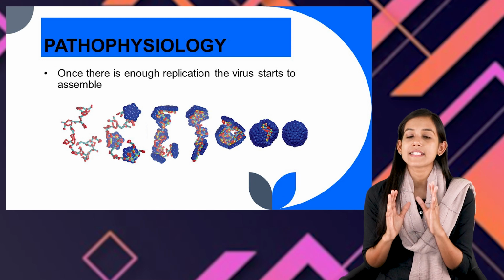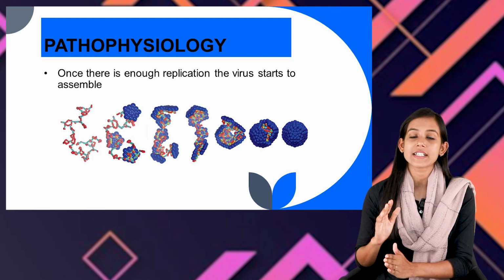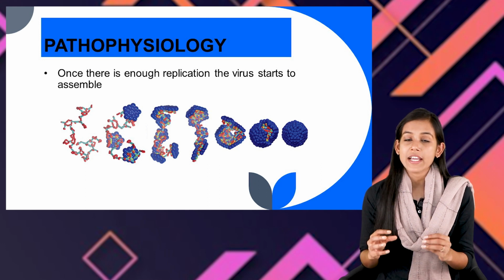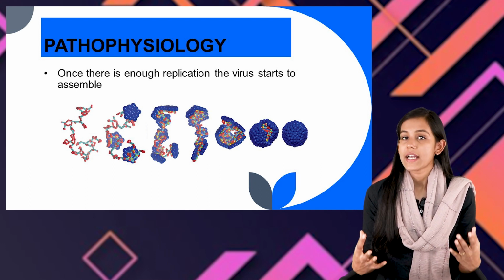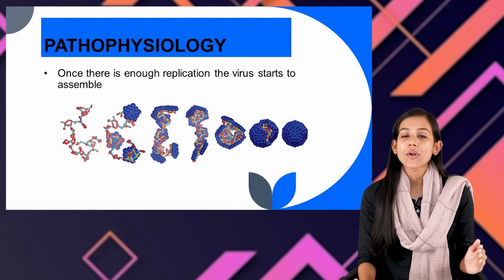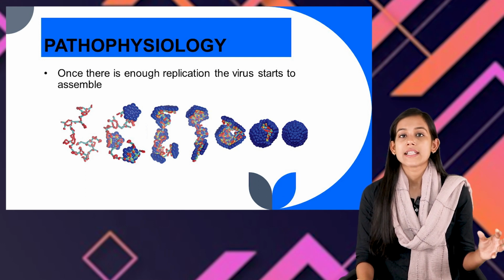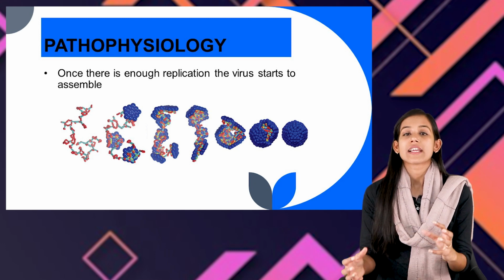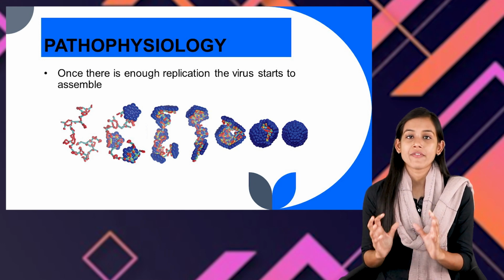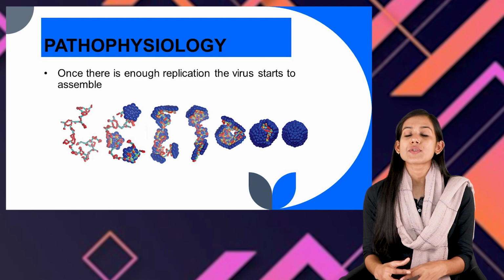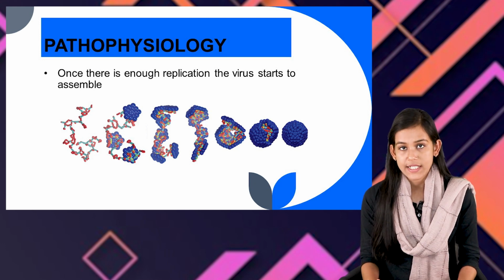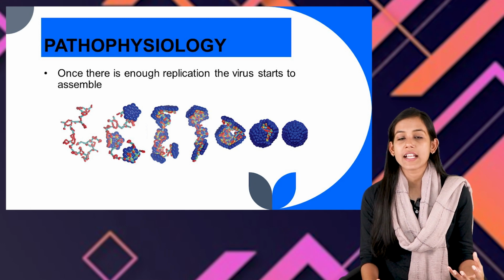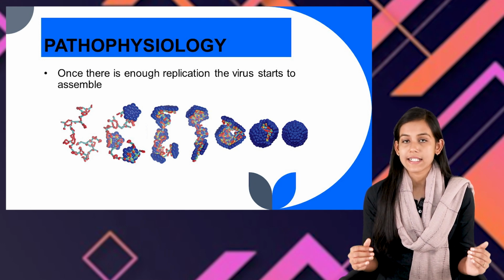Now once there is enough replication, what would happen? The virus would again start to assemble. So what we saw is that the virus enters into the human body and gets fused with the host cell, then enters the host cell and starts to disassemble.